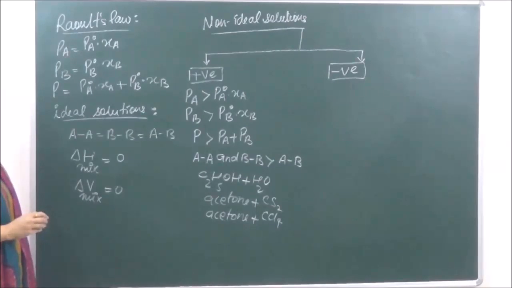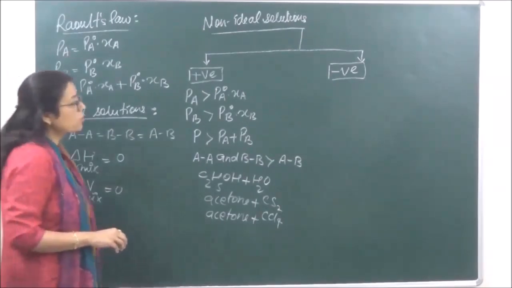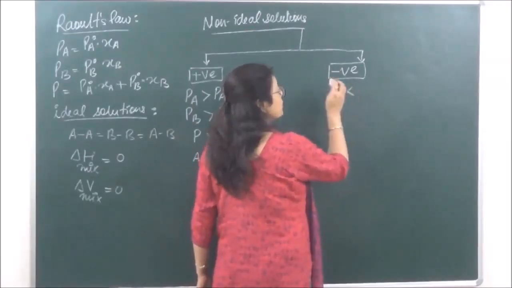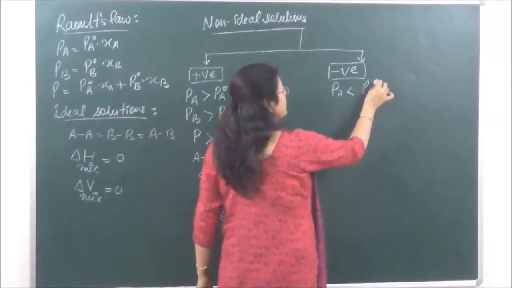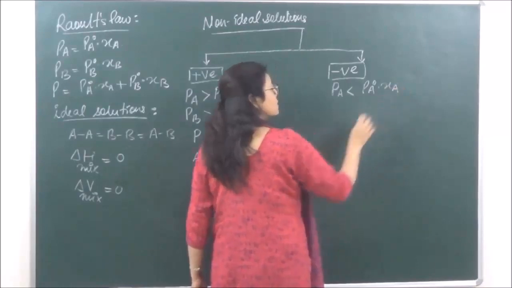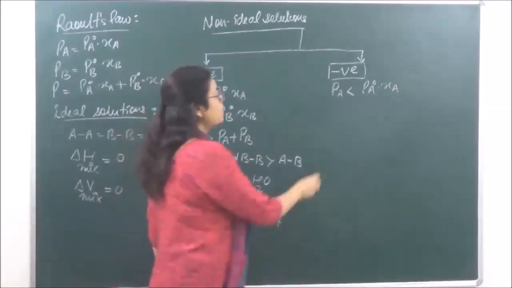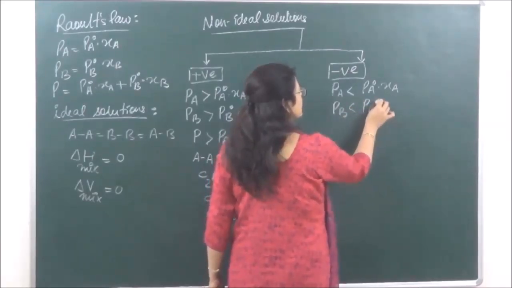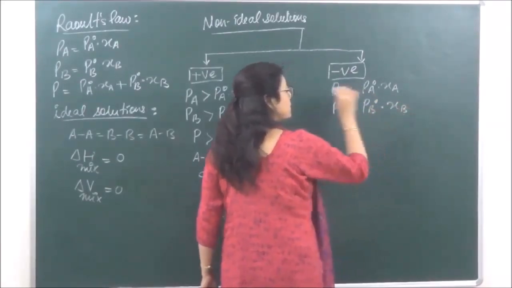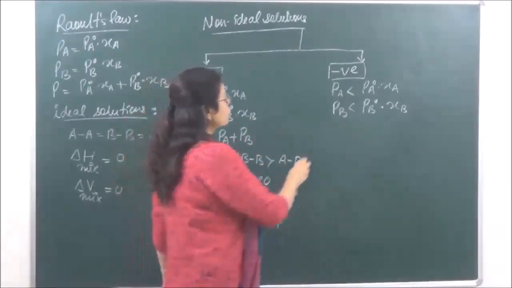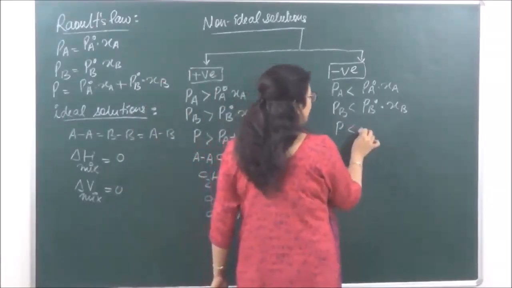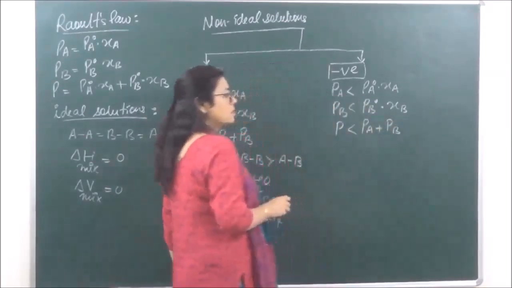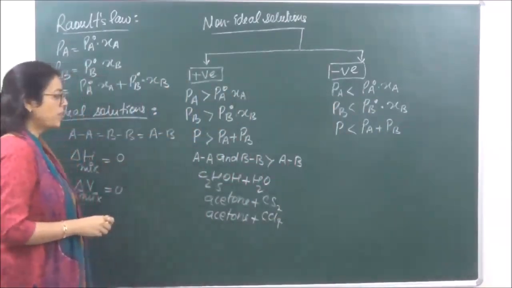Then negative deviations. Negative deviations from Raoult's law will now mean that PA is going to be less than PA naught into XA, okay, and PB is going to be less than PB naught into XB. Therefore, the total pressure P is going to be less than PA plus PB.